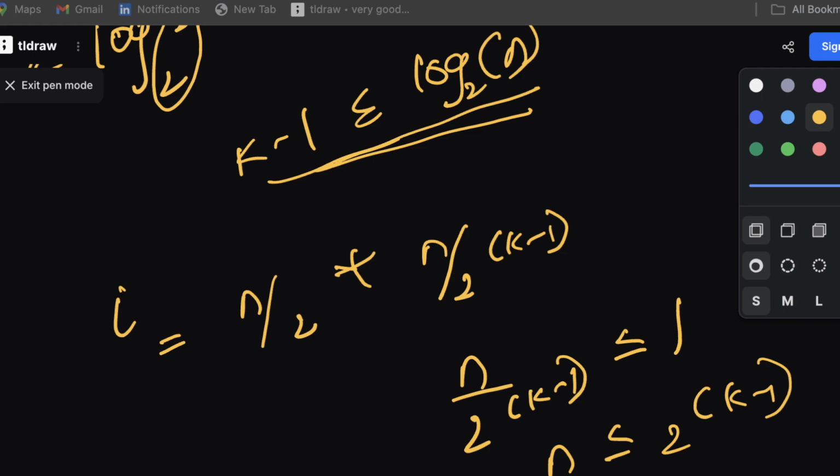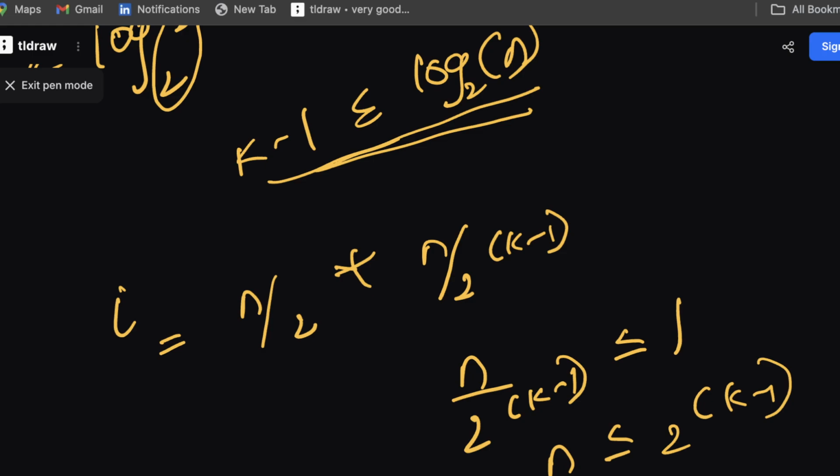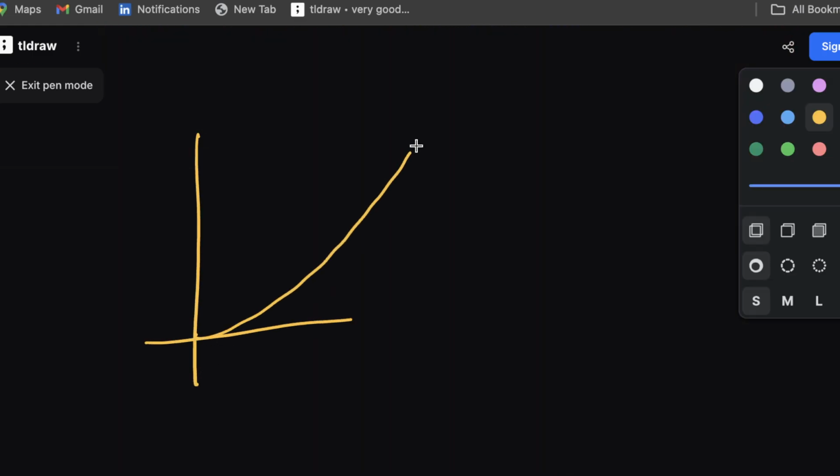Yeah, so basically we are related with growth, right? So exponential increase will be this way. But then again, we are going to say this is going to increase by log 2.